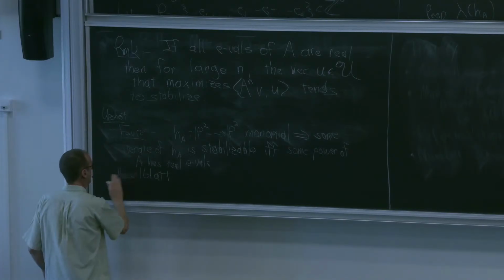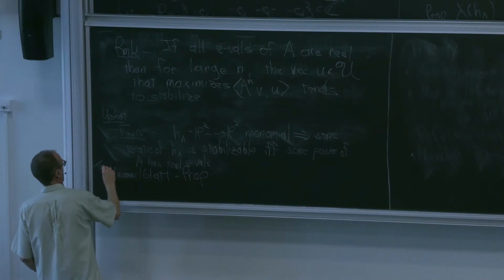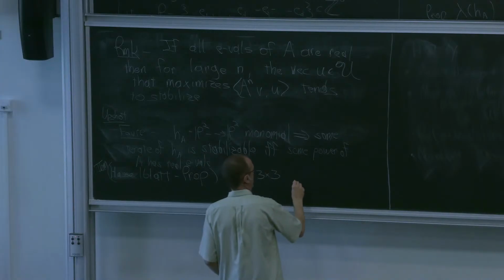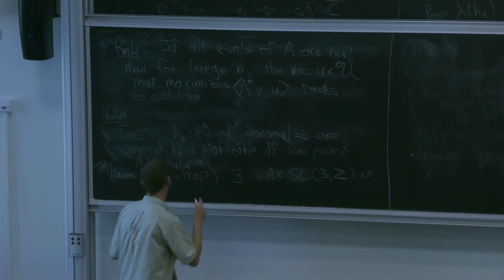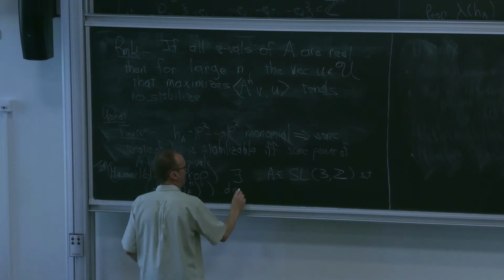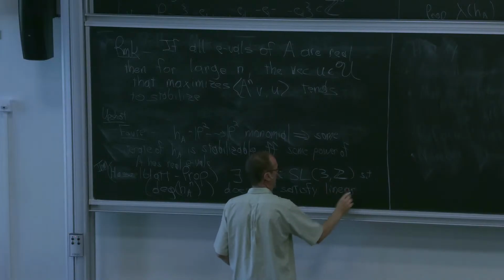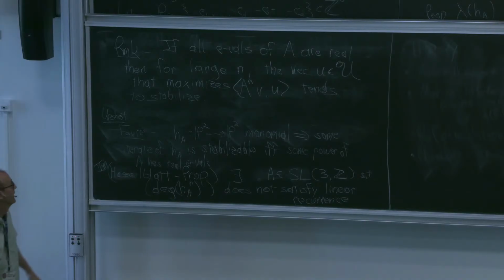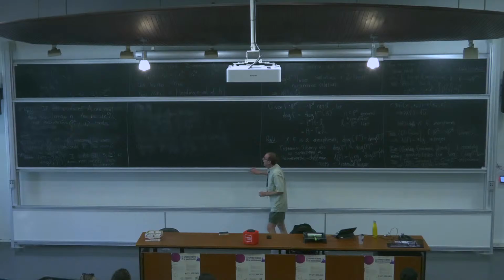Right, two S's, thank you) observed that there exists an A in SL3Z such that the degree of H_A to the n, this sequence, does not satisfy a linear recurrence, which is what I was suggesting anyhow when the leading eigenvalues of A are complex, but they made it explicit with a very particular matrix here.